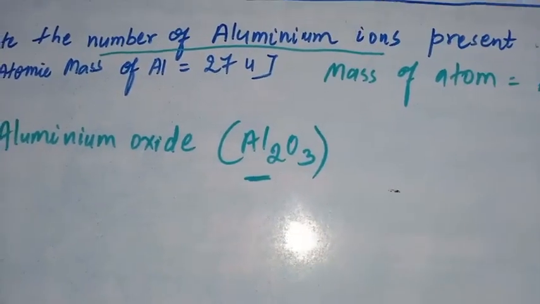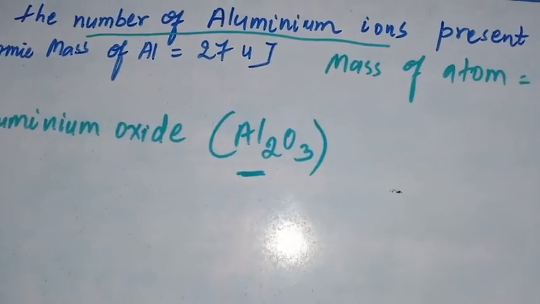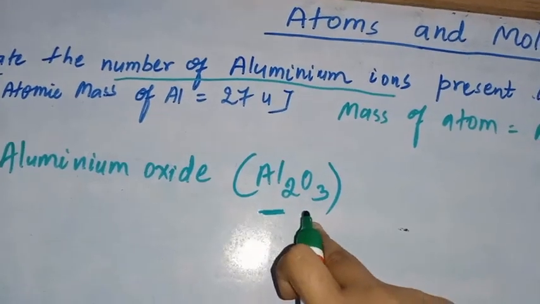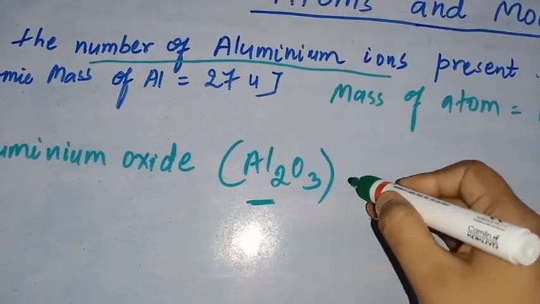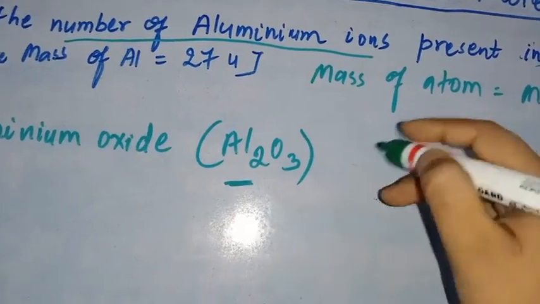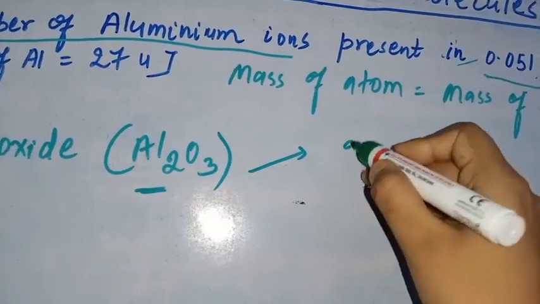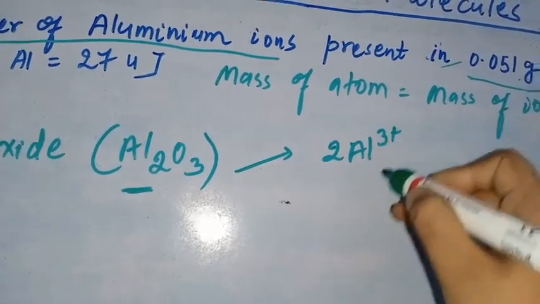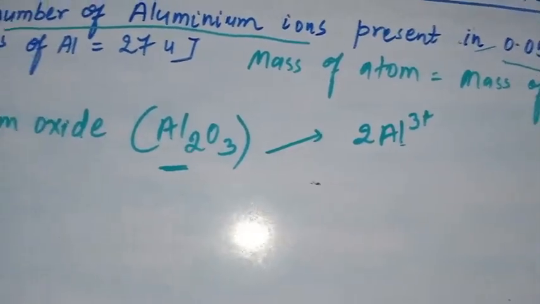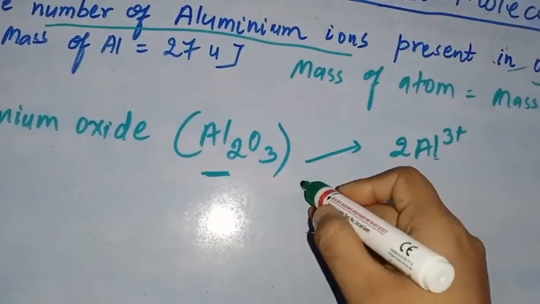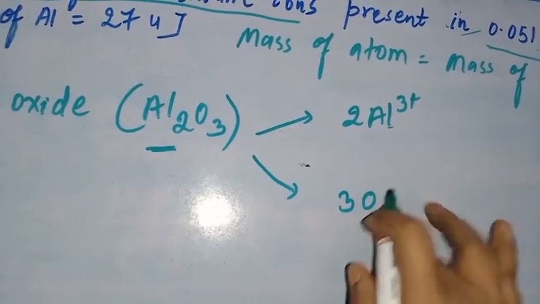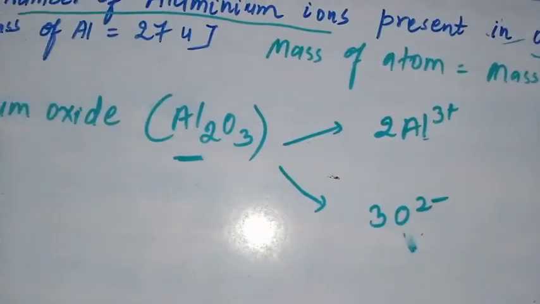By seeing the chemical formula Al2O3, we can say there are 2 aluminium ions, Al3+, and 3 oxygen ions present in aluminium oxide.